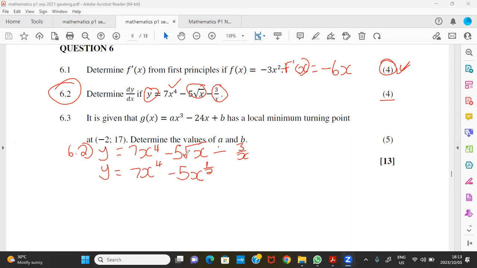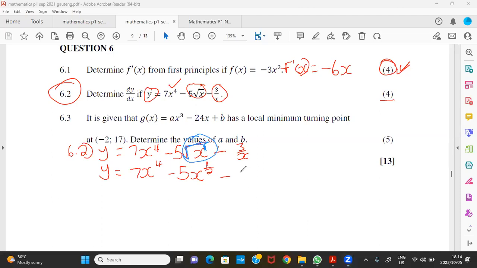So basically, if you don't know, when I turn this to a rational exponent, I'm going to just put my base of x, and then my power here is going to be my numerator. So my power of 1 is my numerator, and then my root, whatever the root is, in this case a square root, becomes my denominator, and it's 2.